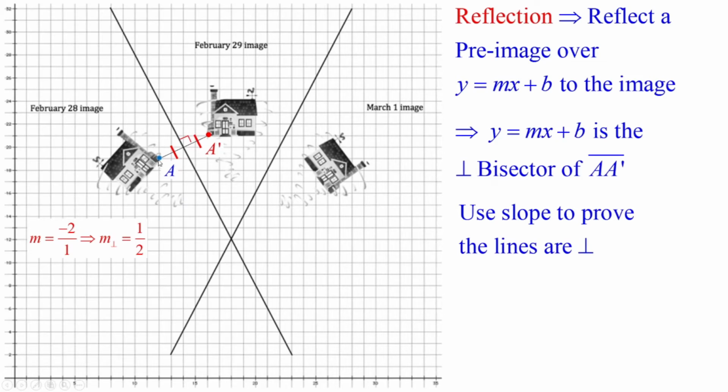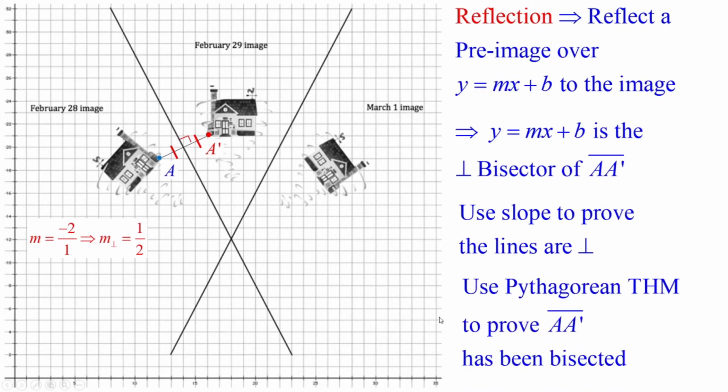Now, how could we prove that this segment is congruent to this segment? Well, it says use Pythagorean Theorem to prove segment A A prime has been bisected. So I'm going to picture these two right triangles for Pythagorean Theorem. Since there's so much going on here, I'm going to redraw the two right triangles down below.